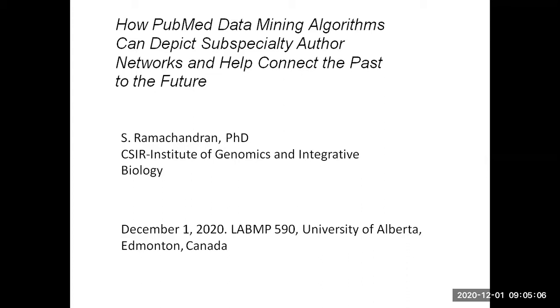So the title here is on how PubMed data mining algorithms can depict subspecialty author networks and help connect the past to the future. So it's a tough title, I must say.